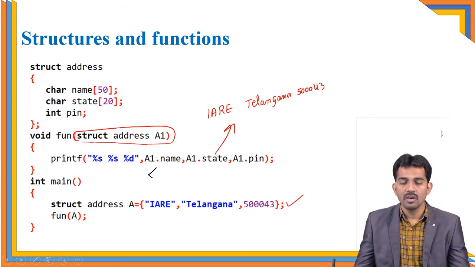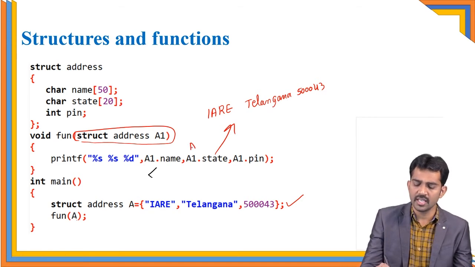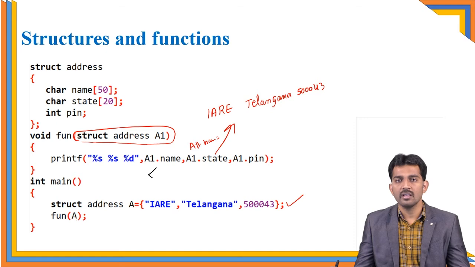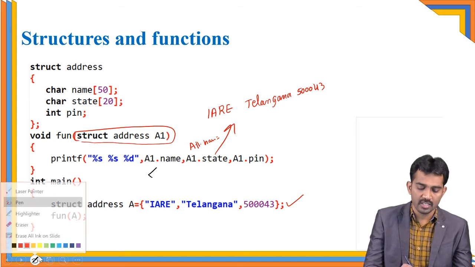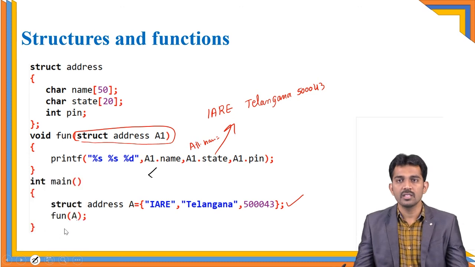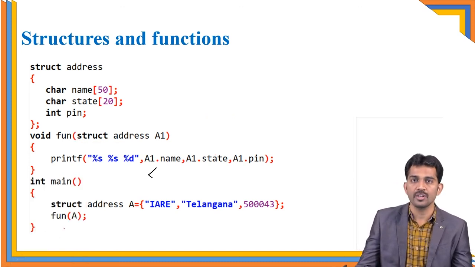Yes or no? So, for example, I'm going to ask you one question. If I change the A1.name value to some CB80, will this reflect in the main function? No, it doesn't reflect because it's a call by value process. Call by value means it is going to create dummy variables.